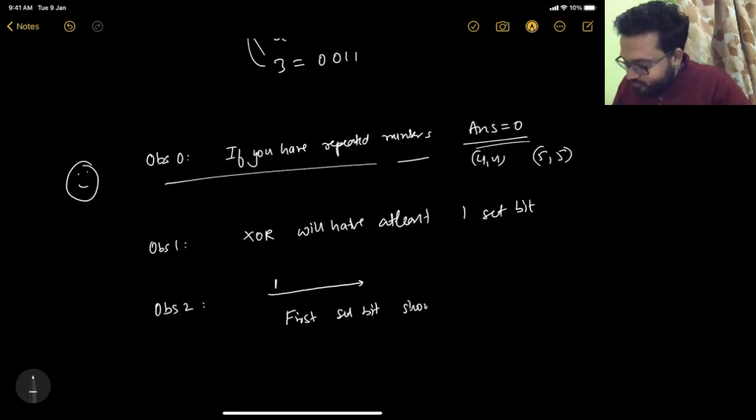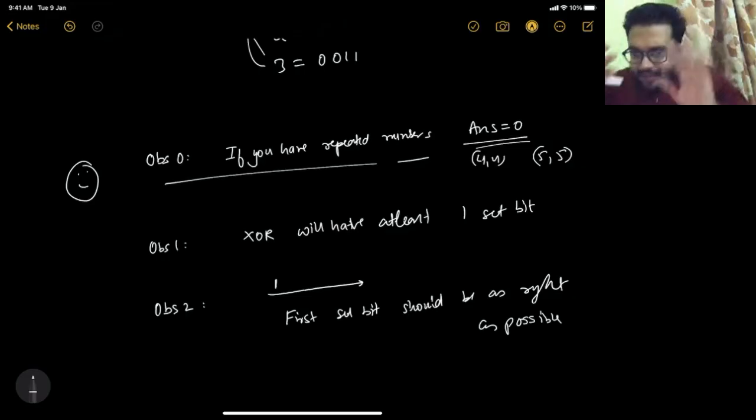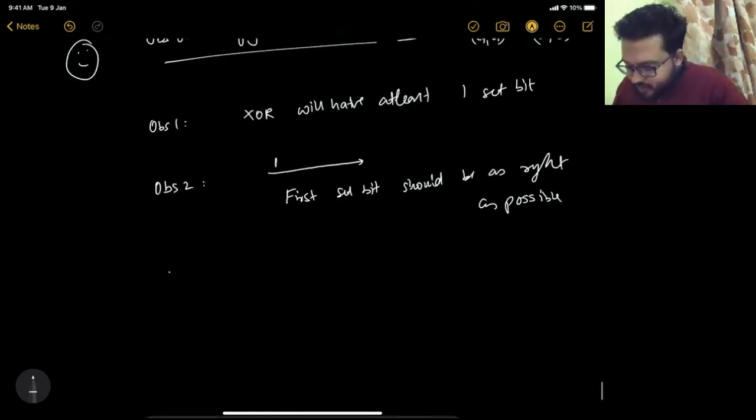The third observation that will come to my mind is numbers that are closer on the number line will have less probability of a set bit upfront. How many of you guys appreciate this? The numbers that are closer to each other will have the least probability of having the most significant bit different. Why do I say so? Let me try to explain that.